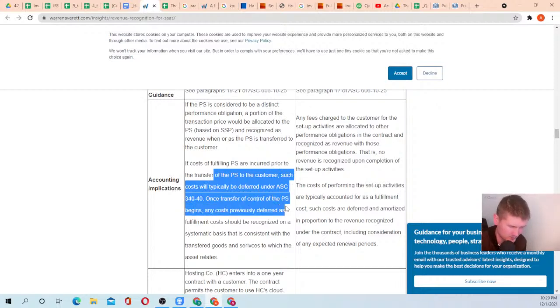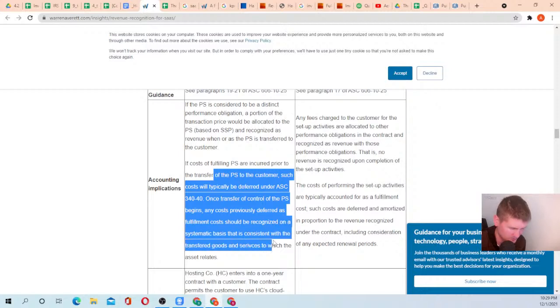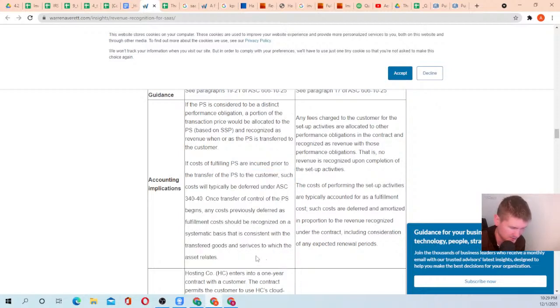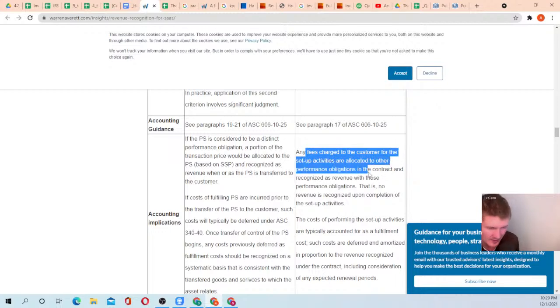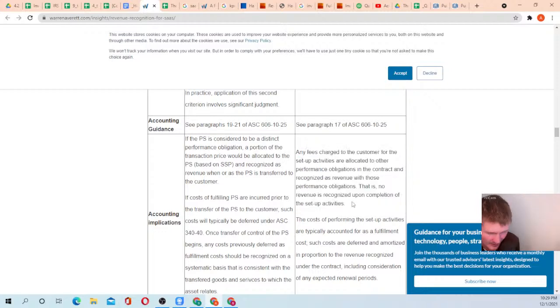Once transfer of control of the professional service begins, any cost previously deferred as fulfillment costs should be recognized on a systematic basis that is consistent with the transfer of the goods and services to which the asset relates. Any fees charged to the customer for the setup activities are allocated to other performance obligations in the contract and recognized as revenue with those performance obligations. That is, no revenue is recognized upon completion of the setup activities.